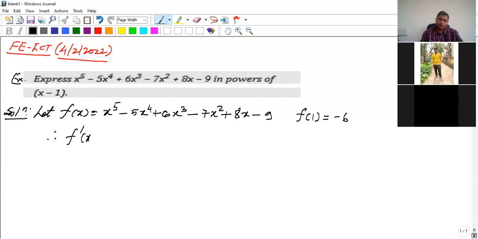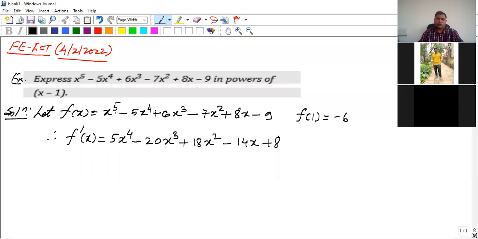So, first derivative will be f dash of x. Now we can have 5 times x raised to 4 minus 20 times x cube plus 18 times x square and minus 14 times x plus 8. Is that okay? Are you getting this derivative?